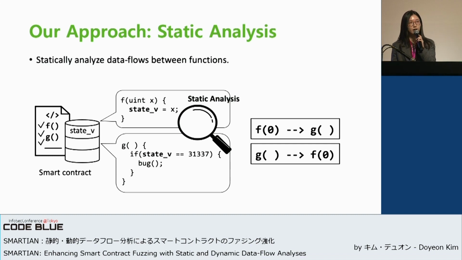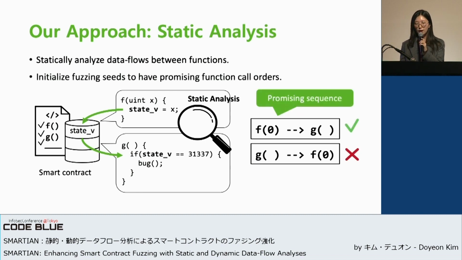First, we statically analyze the target contract code and identify the data flows that can occur between the functions. Based on this, we decide which function call sequence is expected to produce such data flows.